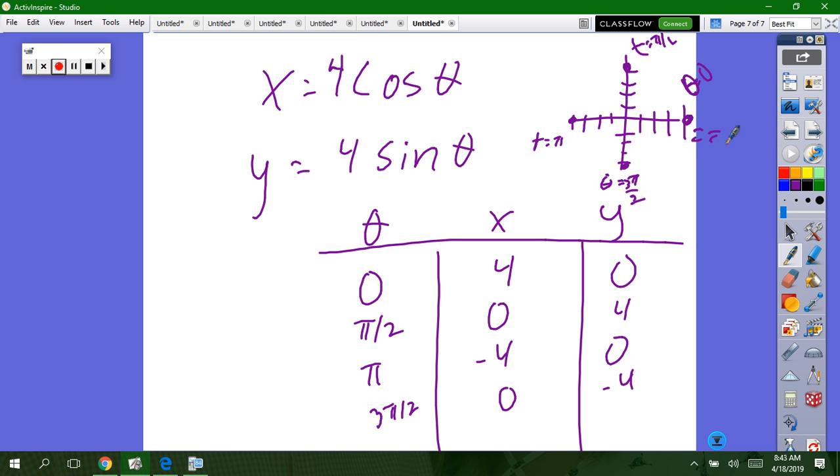And then let's go back to 2 pi. And I get what? 4 and 0. And then it just basically goes in that direction.